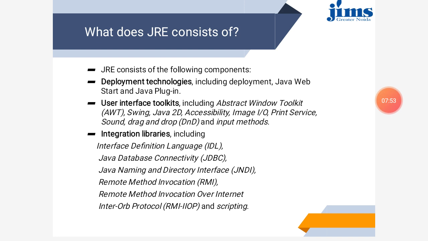And there is a user interface toolkit also. If you want to develop a beautiful UI, then you can use AWT or Swing, sort of techniques, for image processing, for IO, for print services, sound, drag and drop, etc.